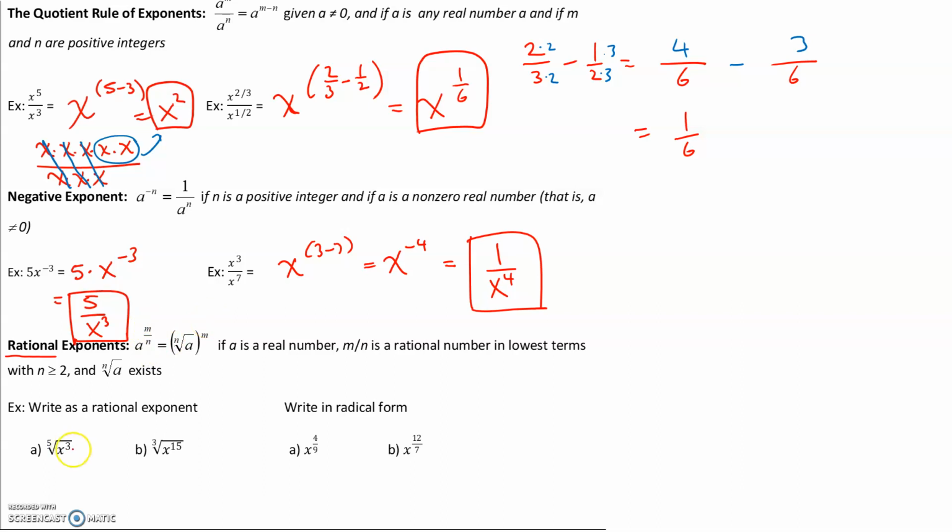So if I were to rewrite the fifth root of x cubed, then I know that the root is the denominator and the exponent is the numerator. So this is going to be equivalent to x to the 3/5 written as a rational exponent. The exponent becomes the numerator and the root becomes the denominator.